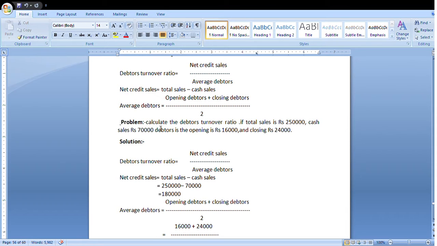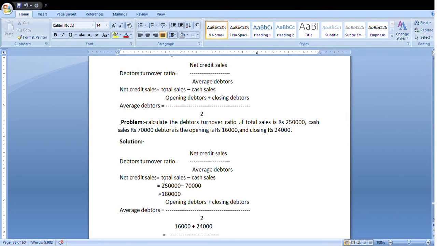First, the formula: debtors turnover ratio is equal to net credit sales by average debtors. Next, you require the net credit sales and average debtors. Calculation of debtors turnover ratio. First, net credit sales is equal to total sales minus cash sales.